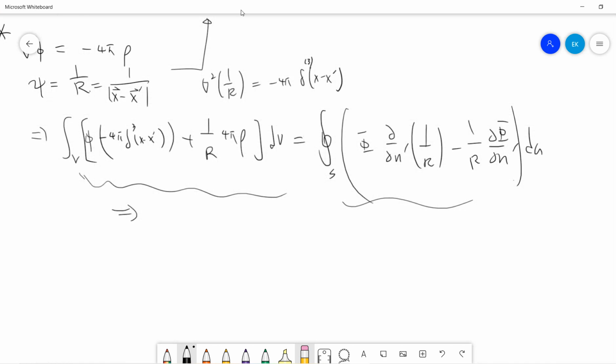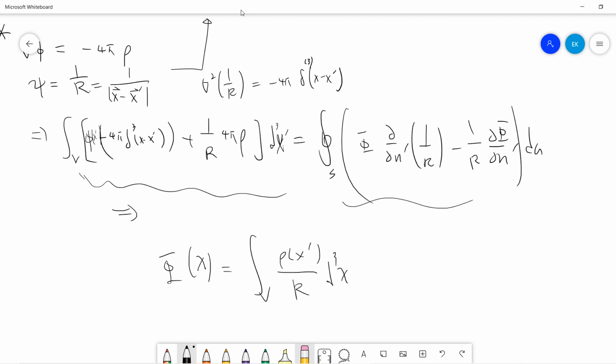This is x prime, so if you do the x prime integral, you get the remaining x, so you get phi of x. Remember that you are doing the integral on x prime. So your phi of x is this one.